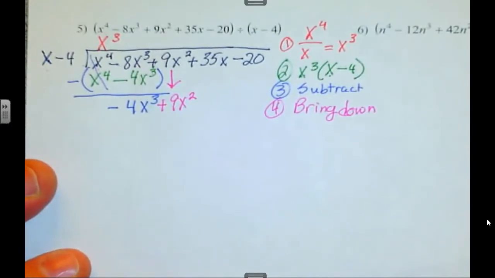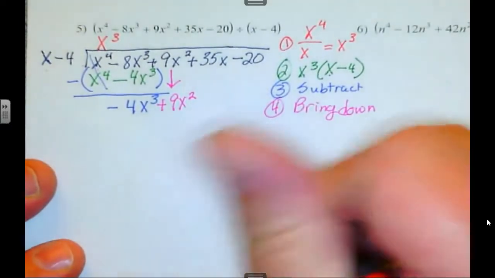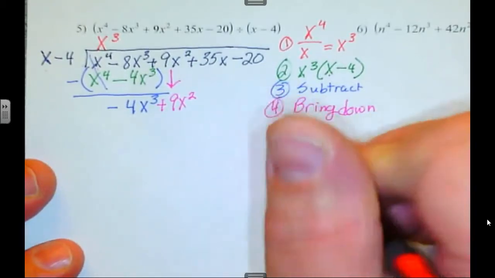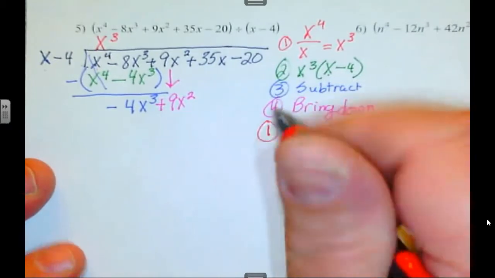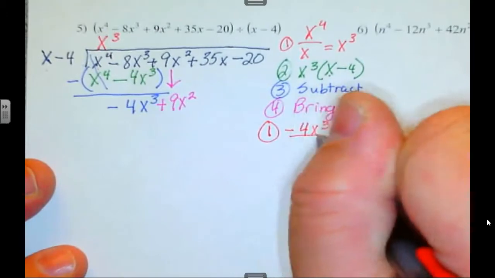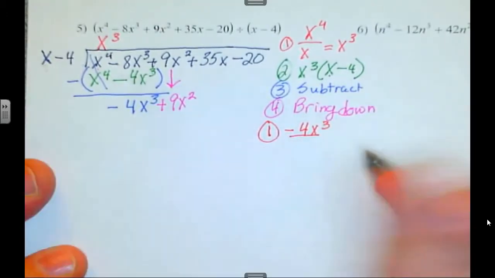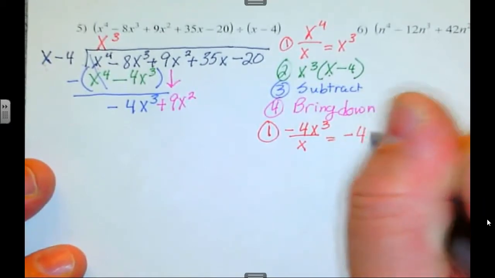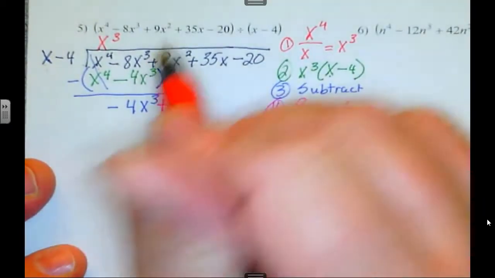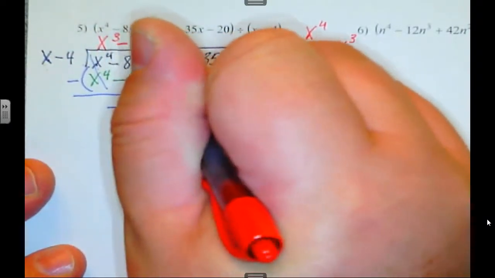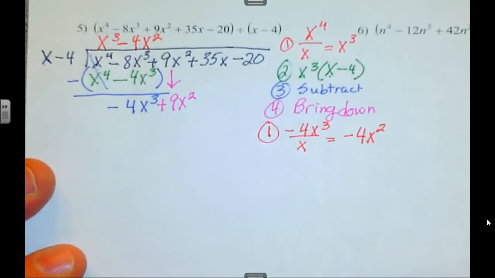Then start over. Divide negative 4x cubed divided by x gives me a negative 4x squared.